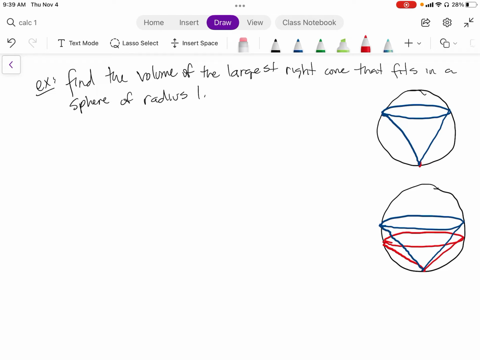I mean, the volume of a cone, so let's write this formula here. The volume of a cone, and the right cone just means that if I drew a line from the tip of that cone up, it would meet at a right angle. Okay, so it meets like that. So, are all cones a right cone?